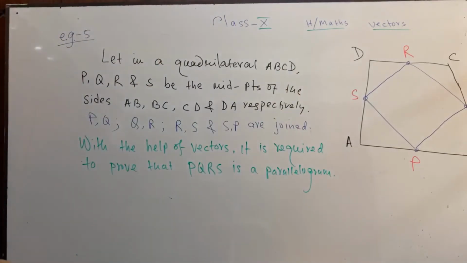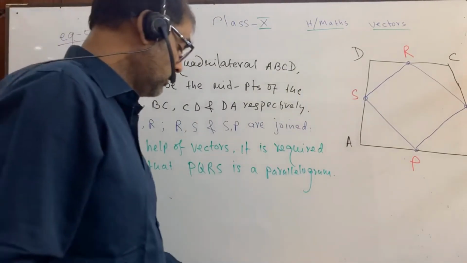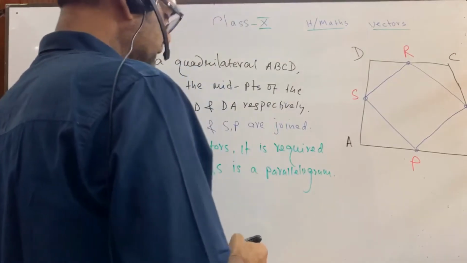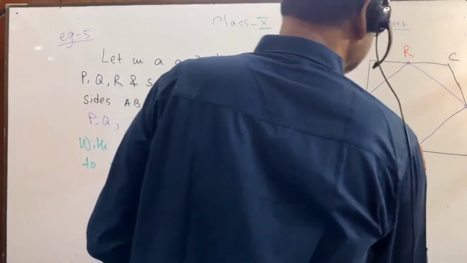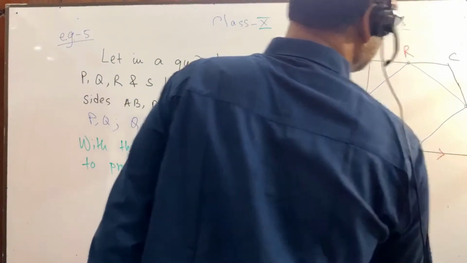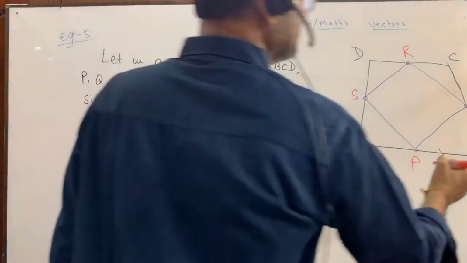Now you see what is to be done here. You have to give the vector sign here. You see how you will give it, in this way.